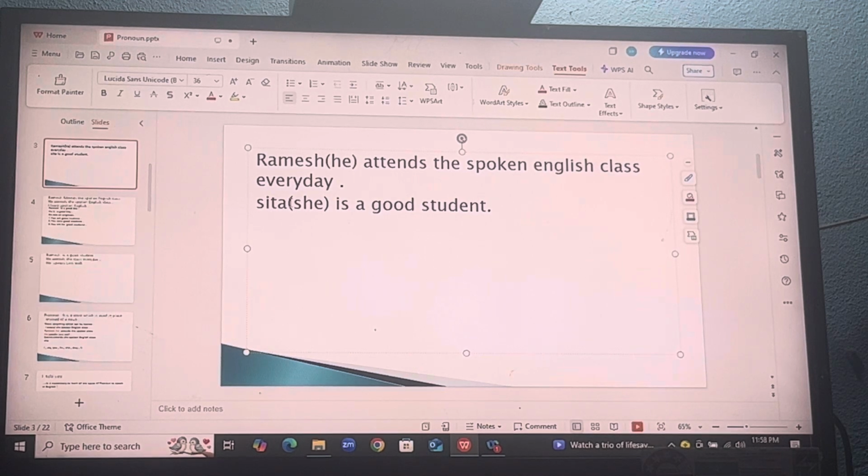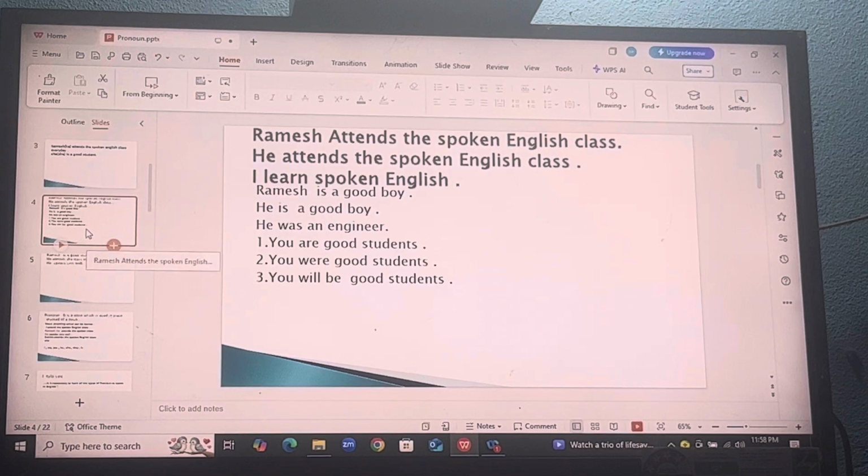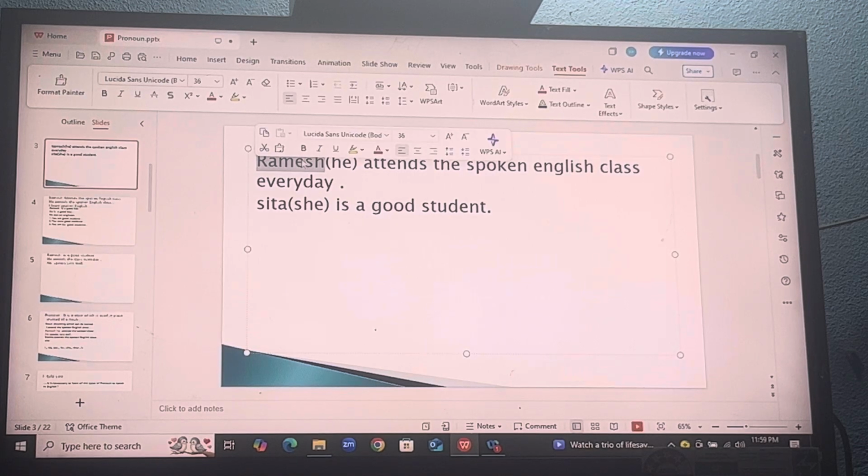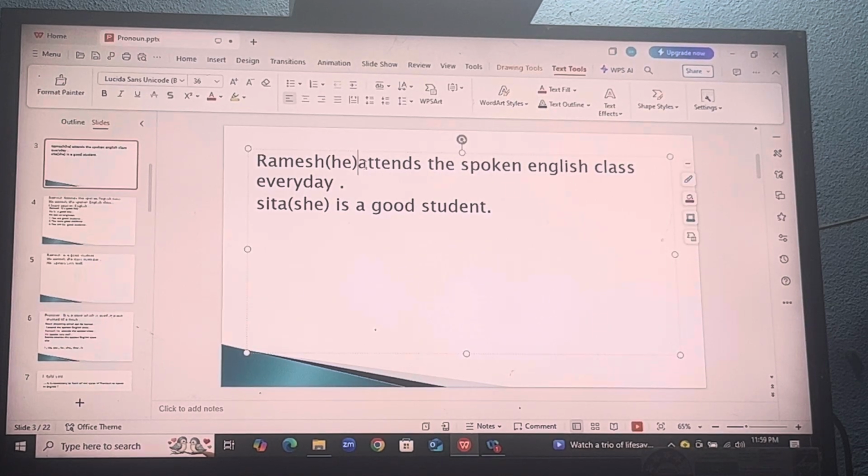After that we'll discuss why we need to learn pronoun. First let's check with the same example. Ramesh attends the spoken English class. As I have used a noun, at the same time I can use a pronoun.